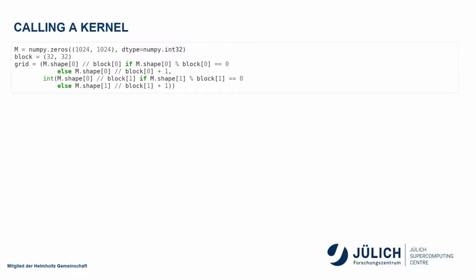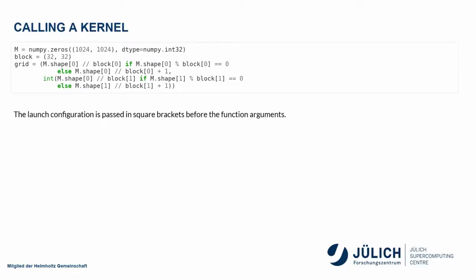So this defines then a grid that will hold at least as many items as I need to execute all of M. For this one, it's trivial, because I just know it's also a 32 by 32 grid. But what if I wanted to do 1,000 by 1,000 with a 32 by 32 block? Then these extra blocks come in.